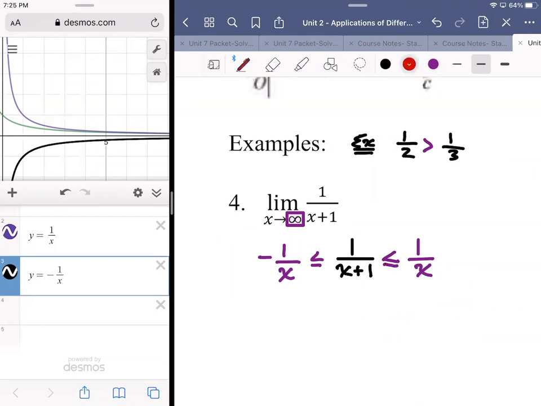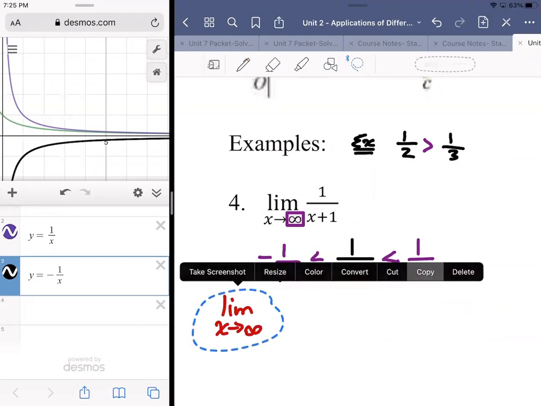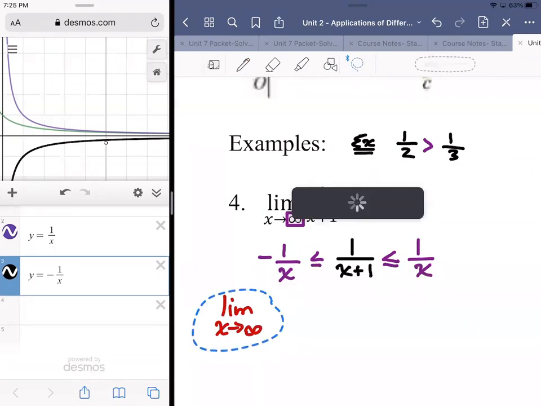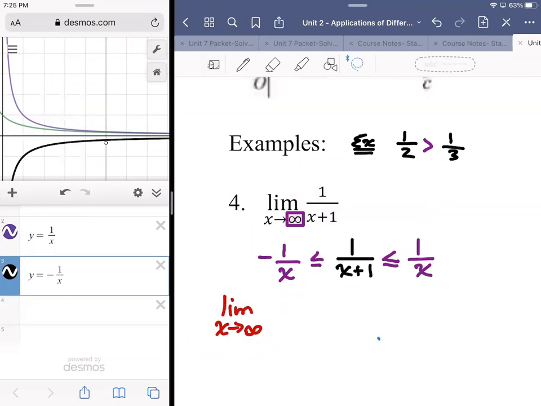right? So then I can say, all right, well, let's find the limit of each of the bounds. If the copy paste function works ever. Oh, we're getting there. Find the limit of each part.